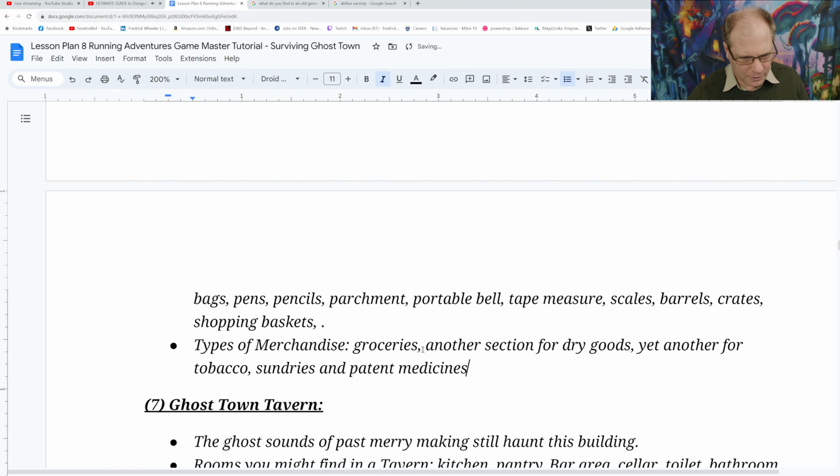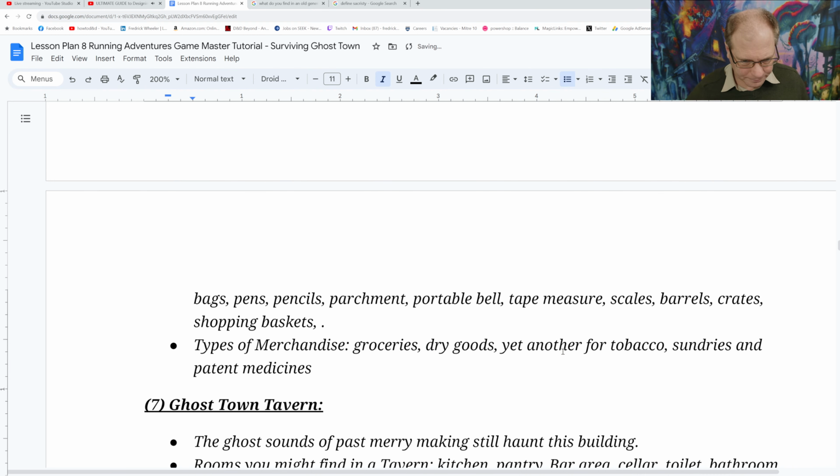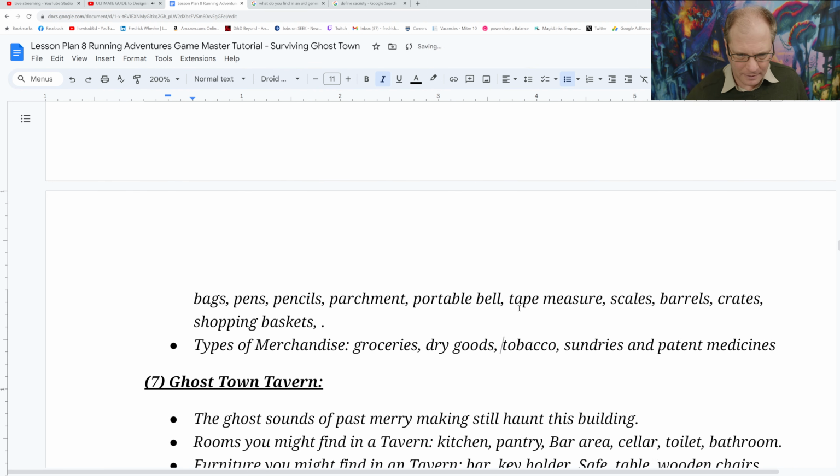Groceries, dry goods, tobacco, probably a thing, sundries, medicines. Okay.